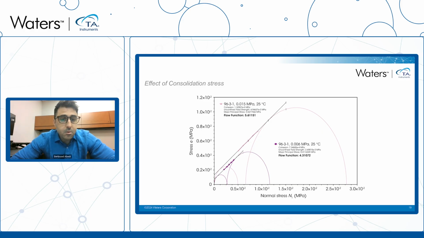That's very interesting. Although, see here, when we reduce the consolidation stress from 0.015 to 0.006 megapascal, your cohesion reduces, but you get some voids between the particles that may induce inconsistent flow. So you reduce the consolidation stress, but your flow function does not rise, it lowers, because you have some voids between those NMC spheres.